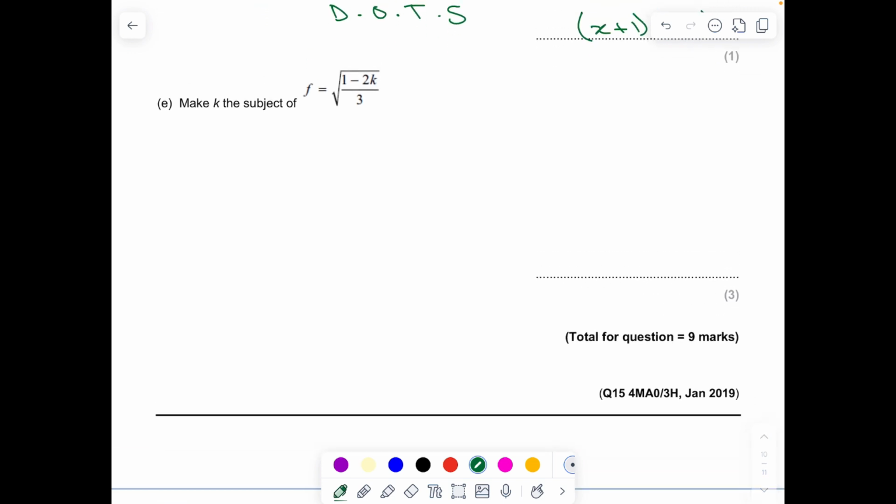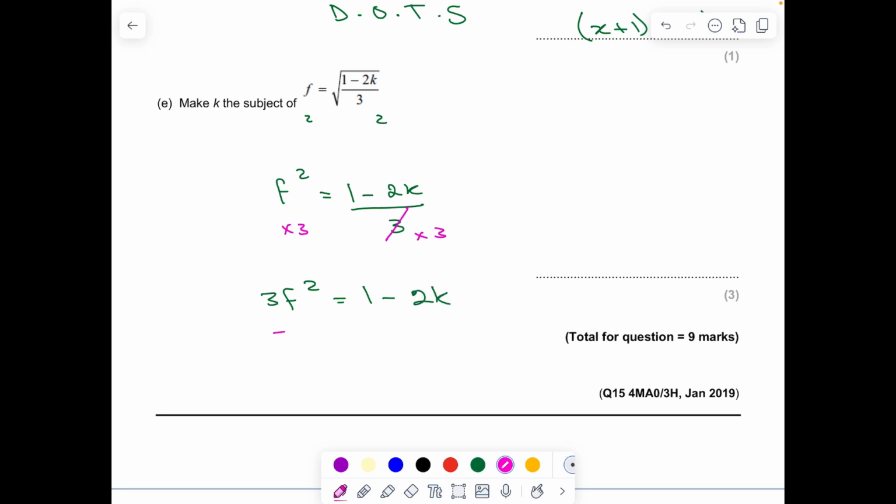Make k the subject, and so we're going to get rid of the square root first by squaring, and so we get f squared equals 1 take away 2k over 3. We're going to times both sides by 3 to get rid of the divide by 3, so that we get 3f squared equals 1 take away 2k.